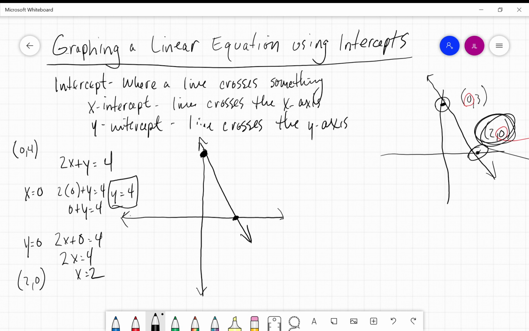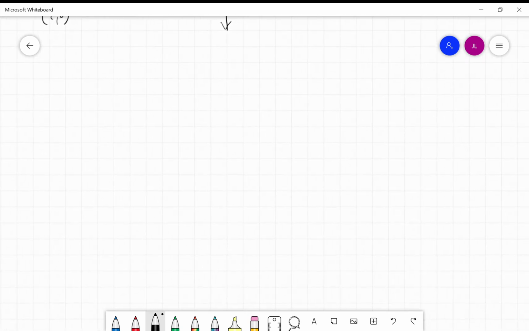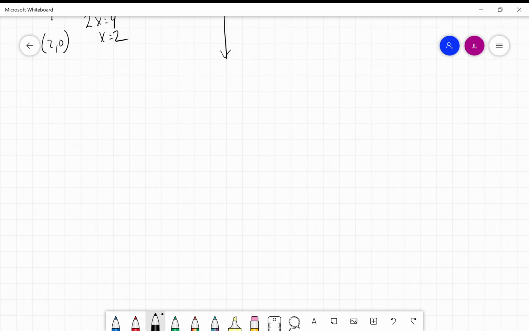So let's look at a couple situations here that we might see. Here's another graph, and in this instance, what if we have a line like this? If we have a line like that, what are our intercepts?